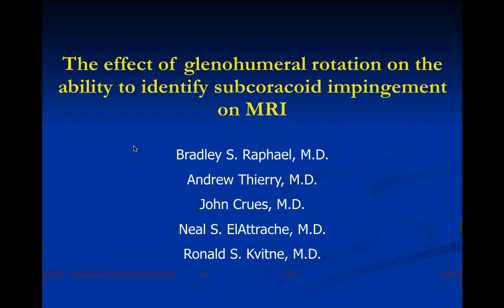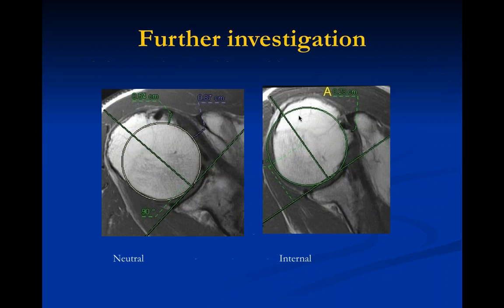So now let's talk a little bit about what Deshali talked about. We did a study looking at the effects of glenohumeral rotation on coracoid impingement that we published a couple of years ago. We looked at patients where we positioned them in external rotation, neutral position, and internal rotation.